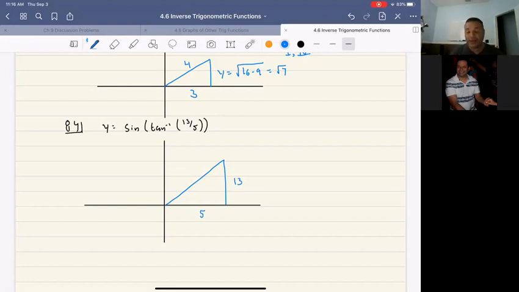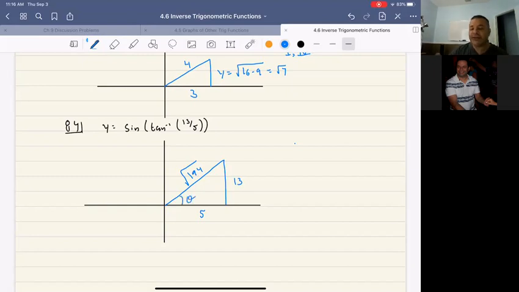And then hypotenuse is what? 169 plus 25. I can't do math today. Let me just double check. So this is the square root of 194. So what's the sine of this angle? The angle's here.